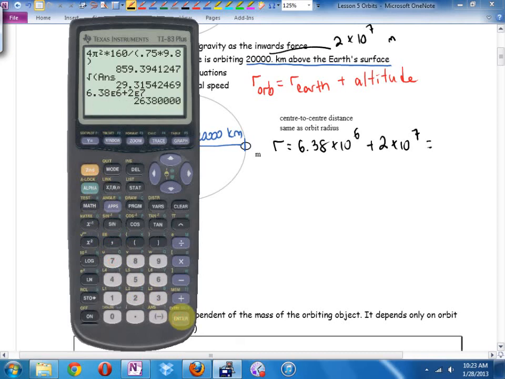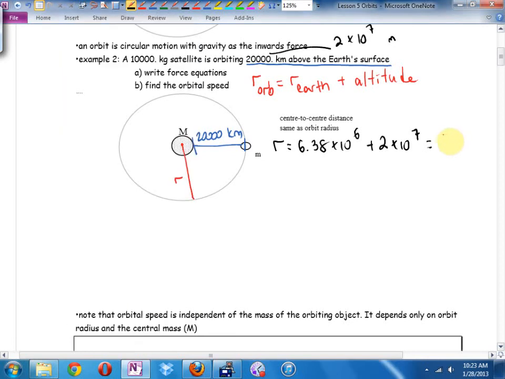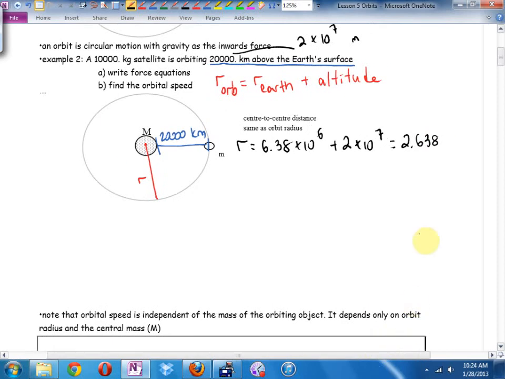You get 2.638 times 10 to the 7th? And I'll keep my extra sig figs. This is not my final answer. This is what I need to do before I can even start. I need a radius.